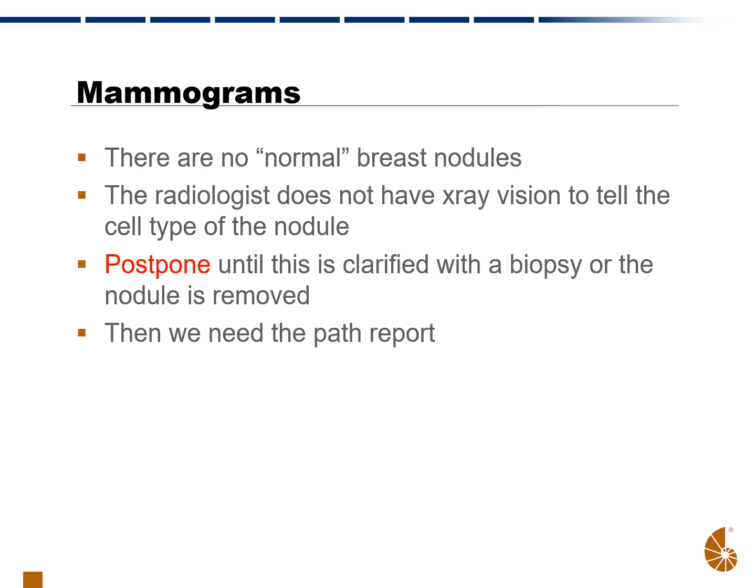The radiologist does not have X-ray vision to tell the cell type that's in that nodule. So, unless you are pretty certain that this has been stable for quite some time and that it's not cancer, it might be a concern when you're underwriting a large case or any case. And it certainly helps to have a biopsy or the nodule removed and have a path report.